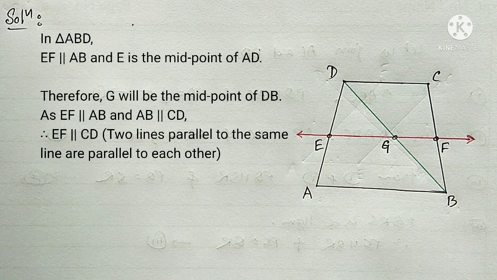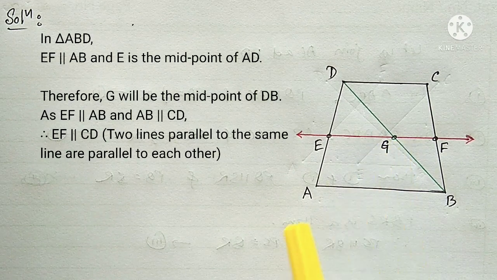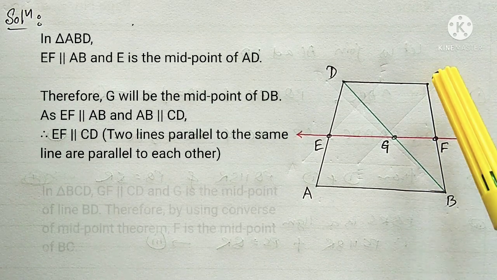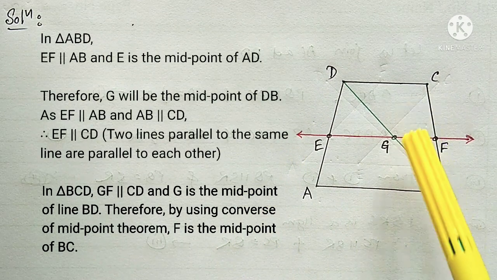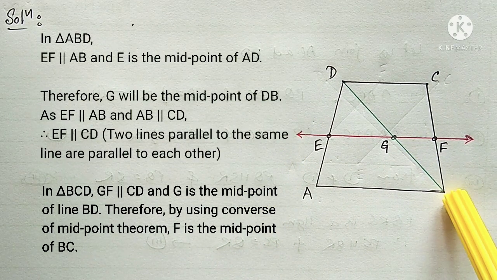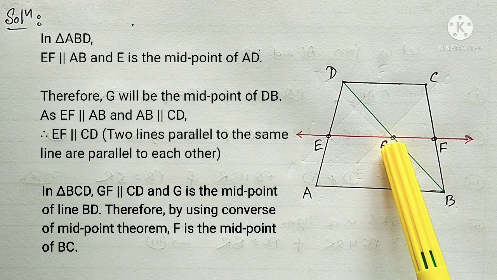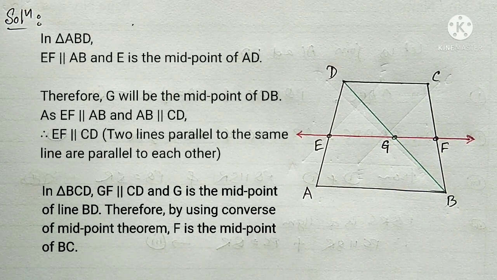Is it clear? Okay. Now, if you see the next one, after getting G as the midpoint here, we consider another triangle, and this time the triangle is BCD. In this triangle BCD, already we proved G is the midpoint.